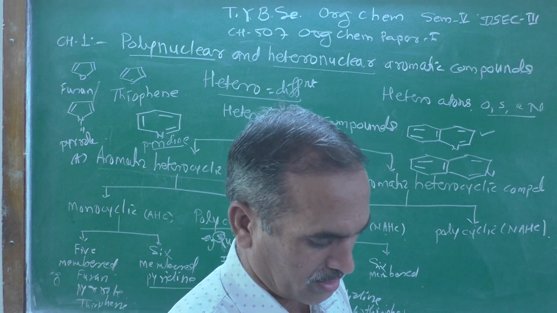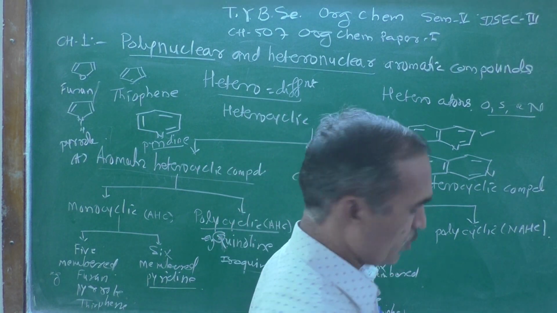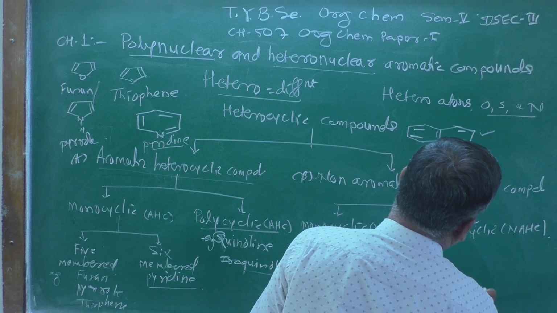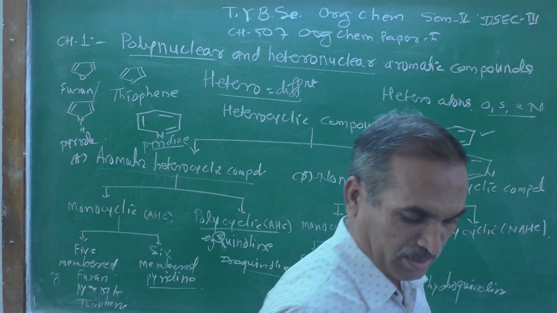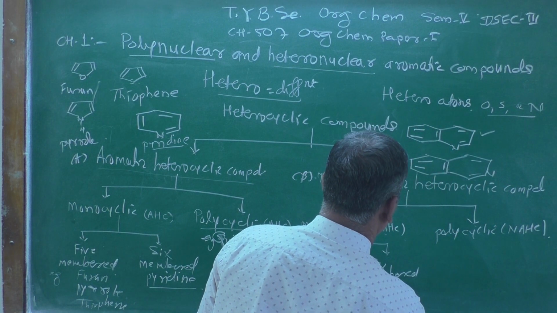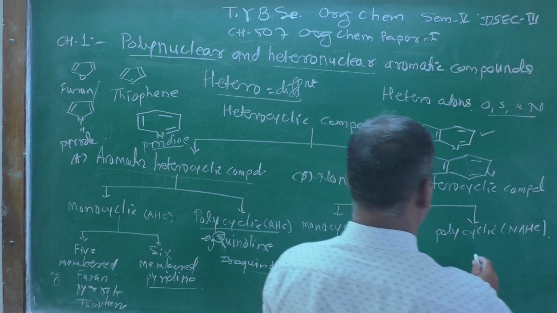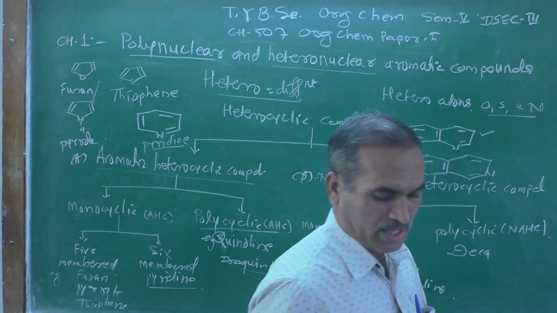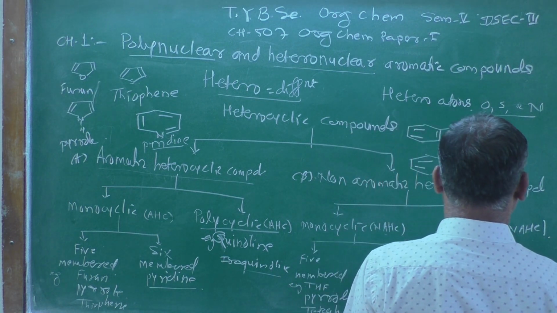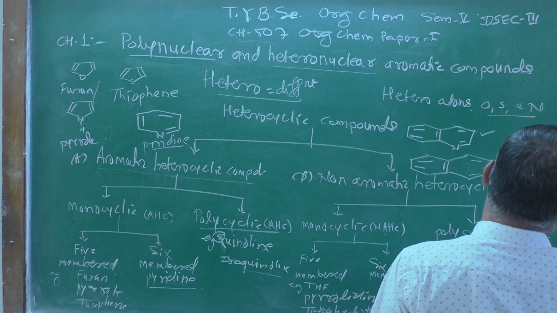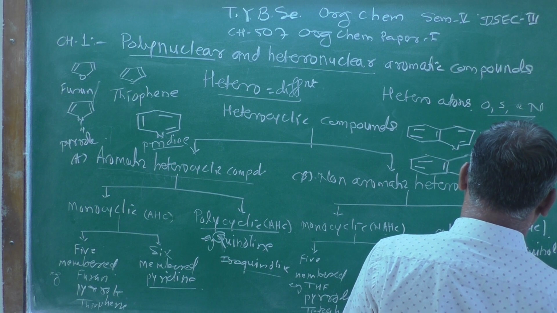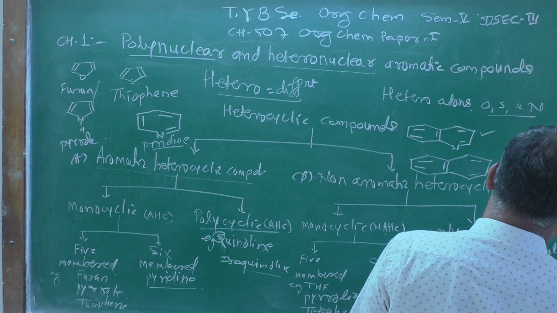And the six-membered ring is piperidine. Polycyclic, here, is decahydroquinoline. The example of decahydroquinoline you can draw here, which is a saturated ring.